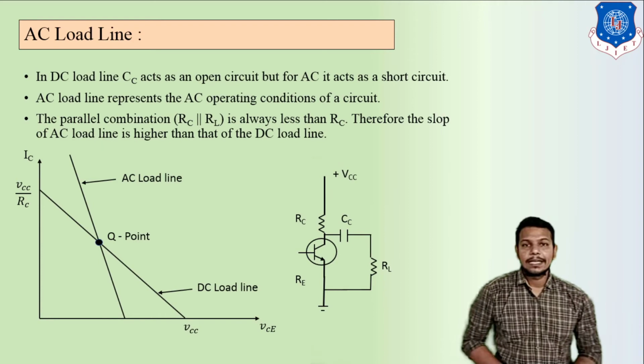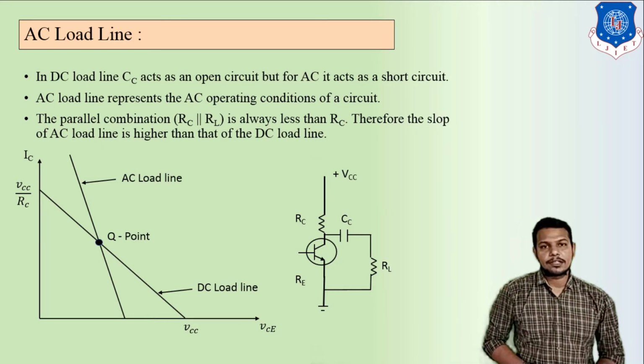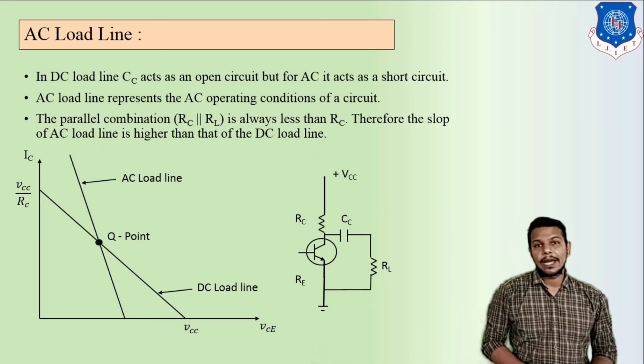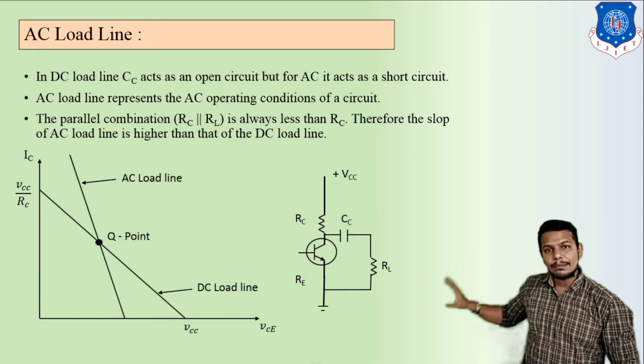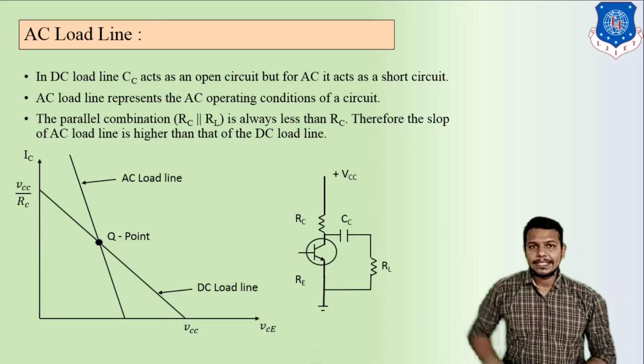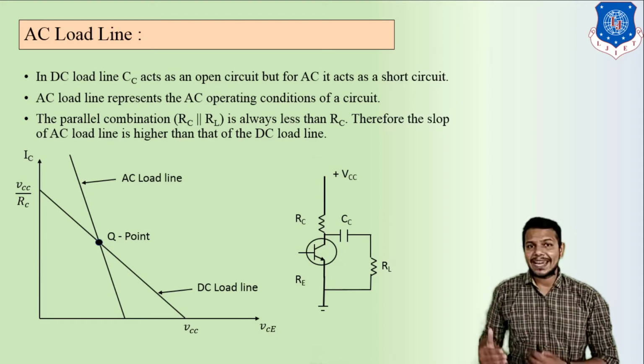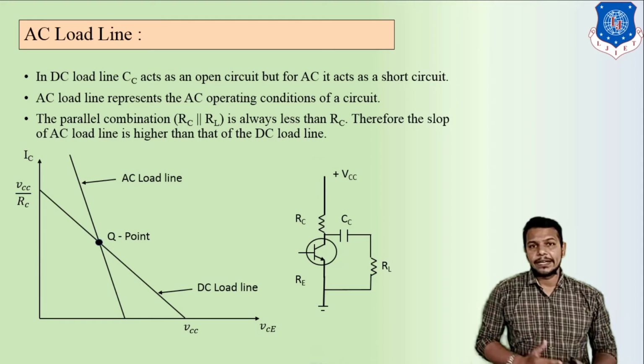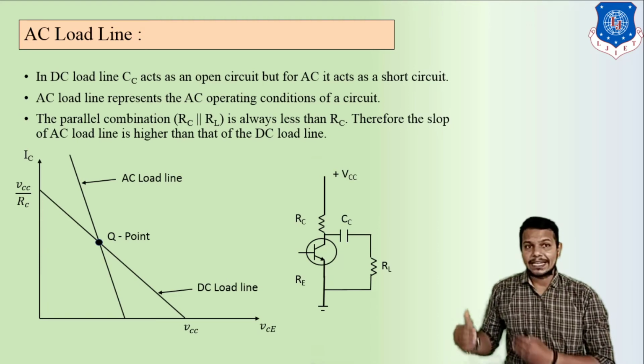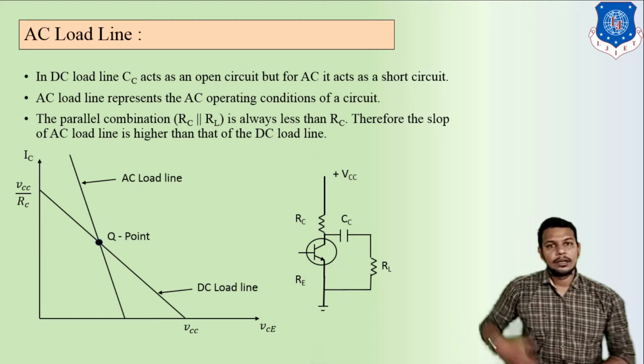Now the next one is the AC load line. We have discussed the DC load line earlier, and the AC load line is similar. For the DC load line, CC, that means collector capacitance, acts as an open circuit, but for AC it acts as a short circuit.